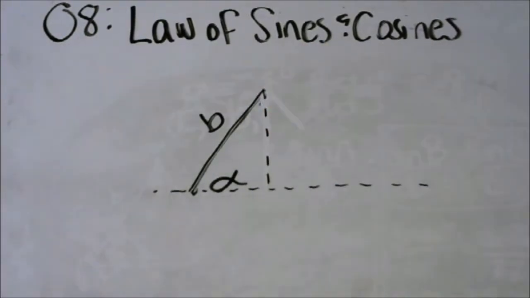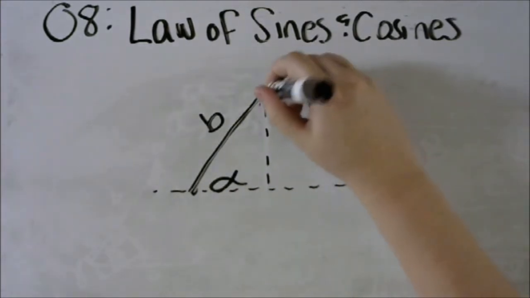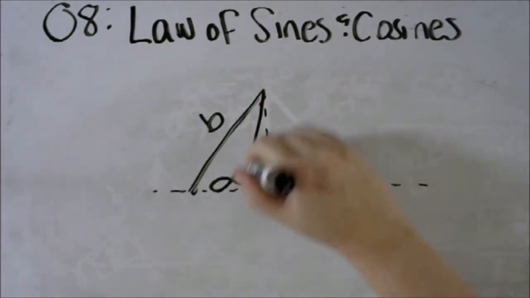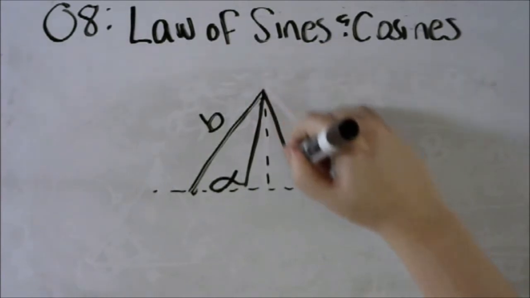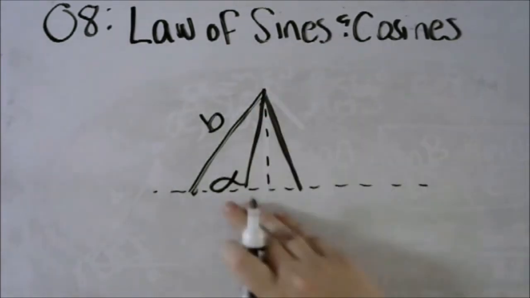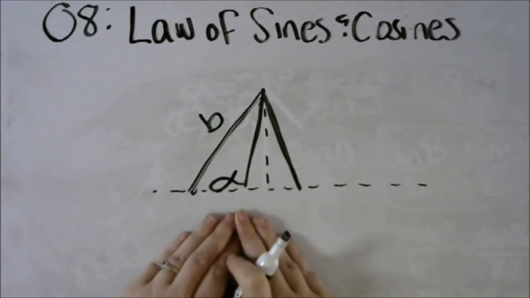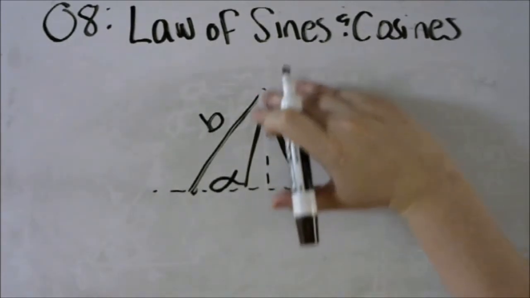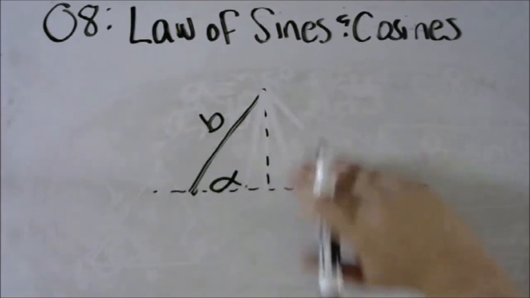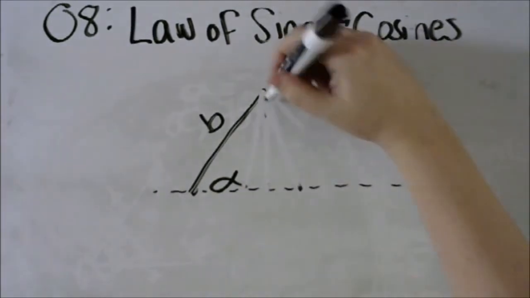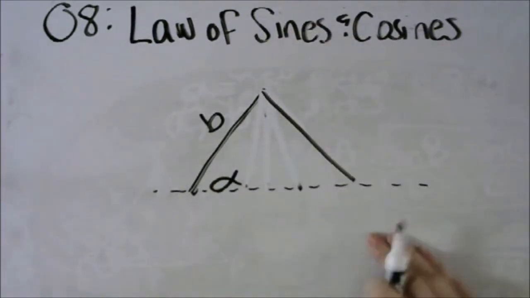And then what you would see is that you have a possibility here and a possibility here that both rely on the same side length. So you'd actually have two possible solutions. The last case is if this side is long enough, then rather than having two solutions, I would actually have only one solution for the triangle.